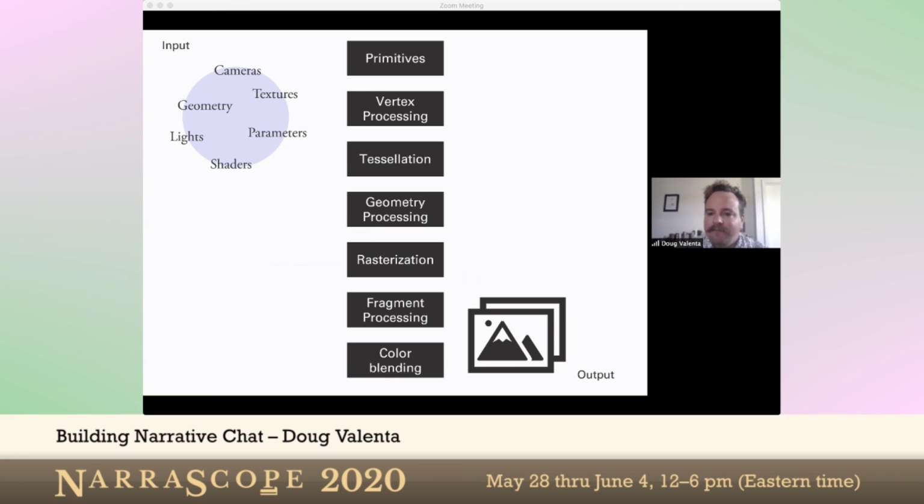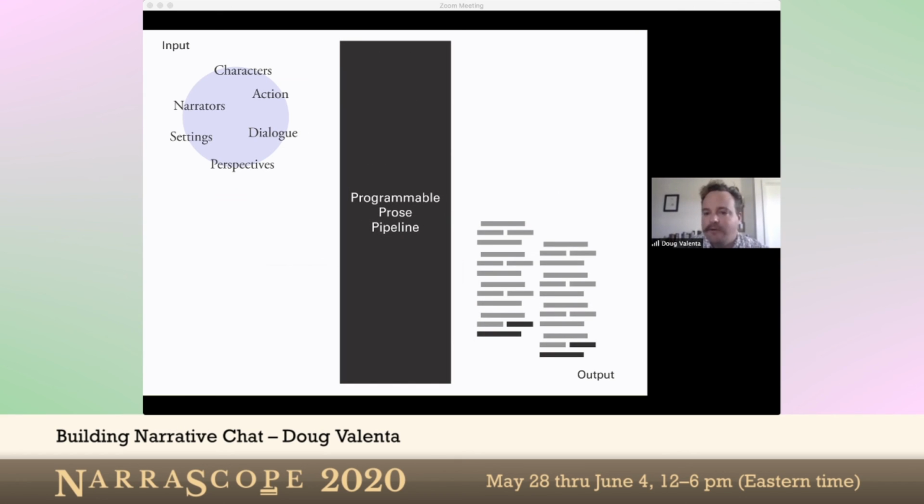And I have this vision of a similar technology for prose. That's called a programmable graphics pipeline. And I think about this as a programmable prose pipeline.